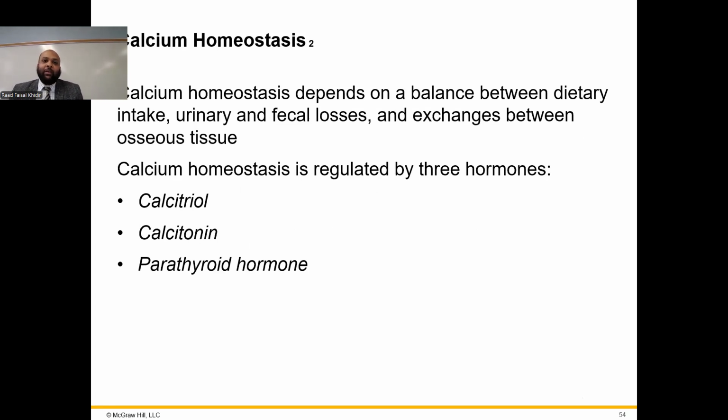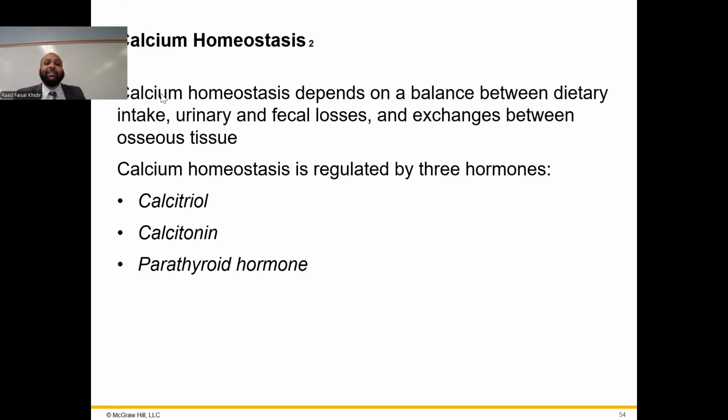Okay. Calcium homeostasis. Now we knew what happened with hyper and hypo. Now we need to see who are the hormones that make that possible. So knowing that we restore hypercalcemia and hypocalcemia into eucalcemia is not enough. We need to know who are the actual hormones that are responsible for that.